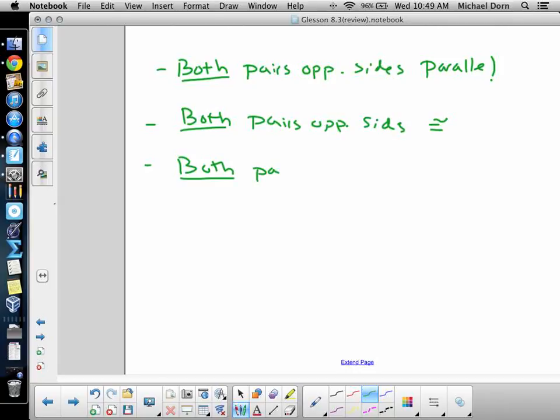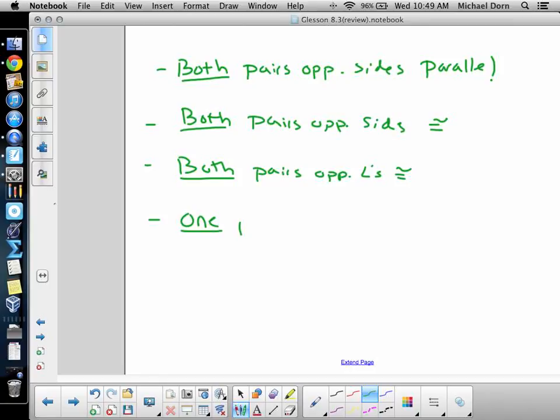Both pairs of opposite angles congruent. Now this one, the opposite angles, we usually can't do in the coordinate plane. That's the one that gets left out in the coordinate plane because we can't prove angles that are congruent without using a lot more trig and stuff like that.